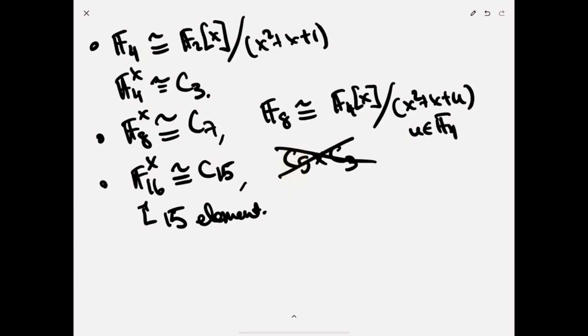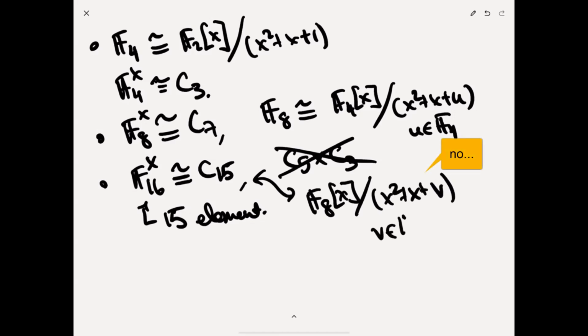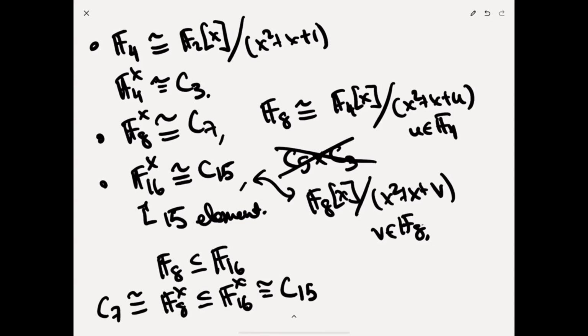This is F8 adjoin X, and I think you can do X squared plus X plus V, where V is some element of F8. And this is 7 elements. 7 does not divide 15, so what the heck is going on? One second, let me think about this.